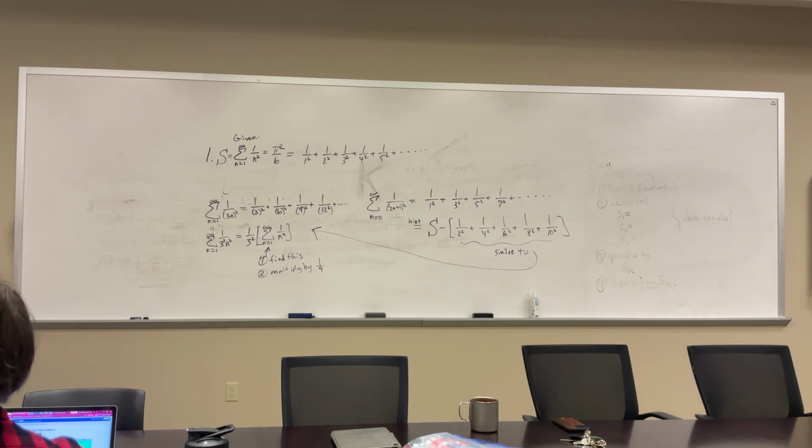I highly recommend going back and watching the end of Wednesday's class. A lot of stuff's going to cancel, probably everything but the first term and the last term. From there, you can generalize to the nth partial sum. That's step 3, which is erased over there.